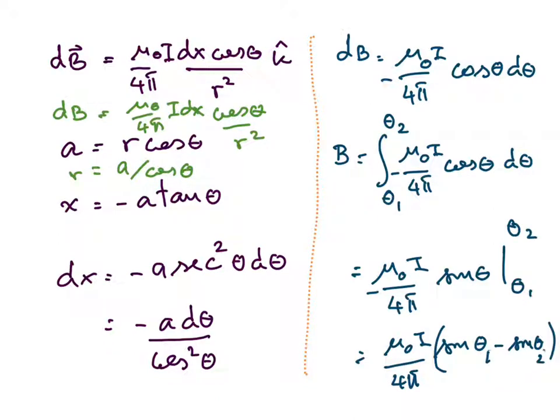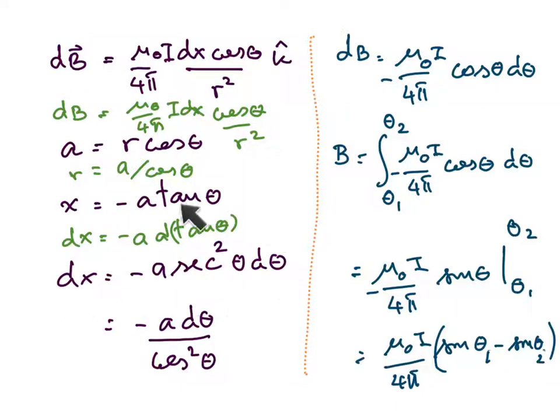Then we can write the differential of x: dx is equal to minus a d tan theta. And the differential of tan theta is sec squared theta d theta.